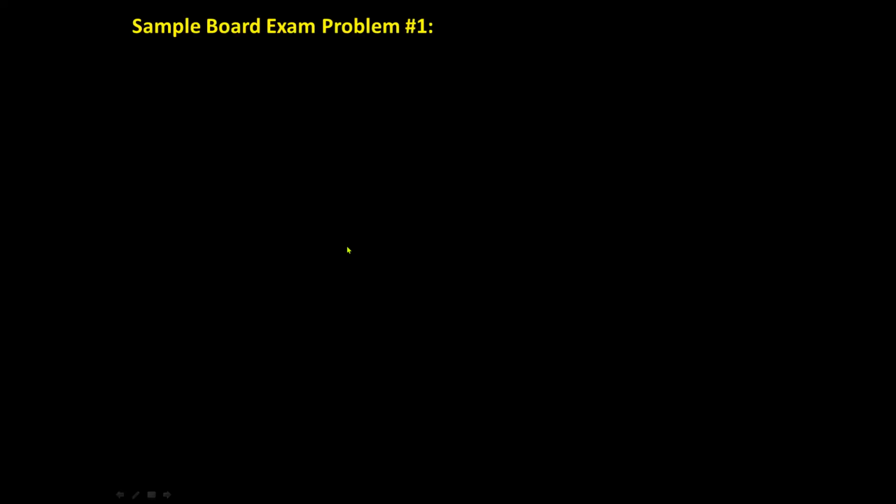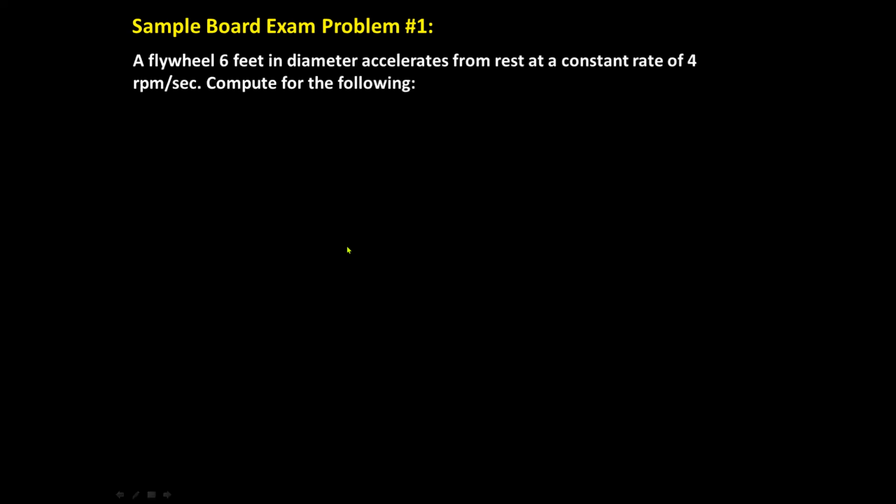Now, since na-introduce ko na yung mga formula na tatalakayin natin, let us try having some problems. For example, sample board exam problem number 1. A flywheel 6 feet in diameter accelerates from rest at a constant rate of 4 RPM per second.